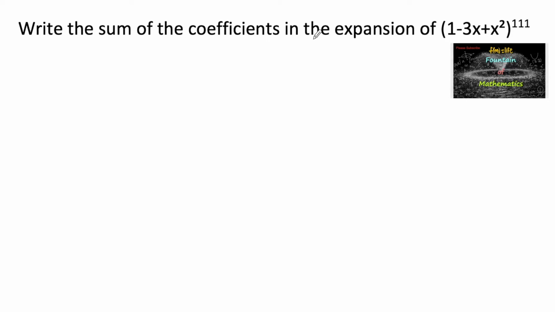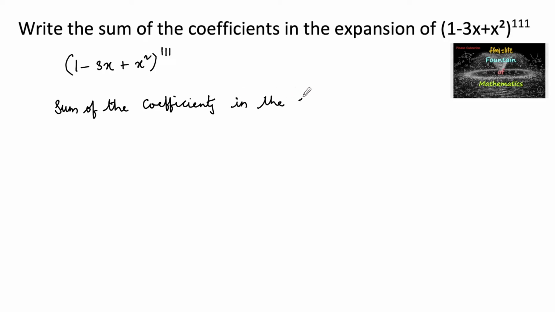Write the sum of the coefficients in the expansion of (1 − 3x + x²)^111. We know that the sum of the coefficients in the expansion is obtained by substituting x is equal to 1.